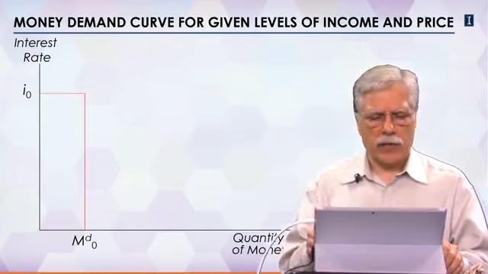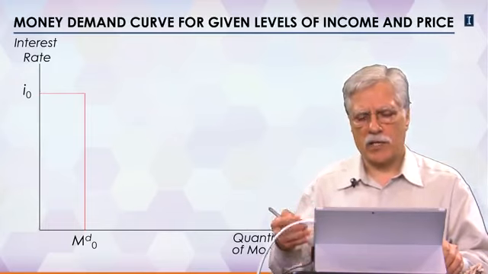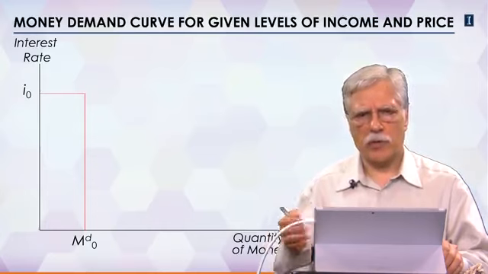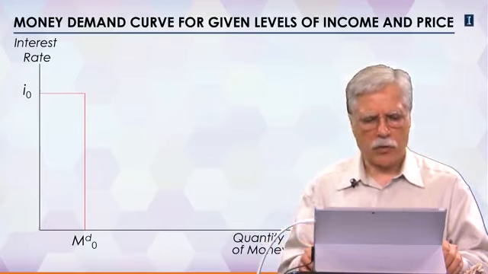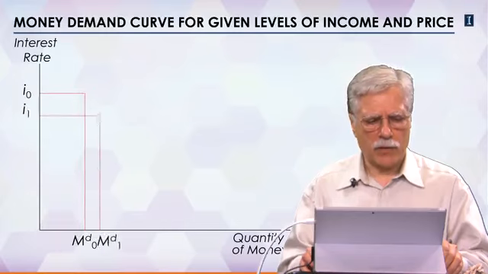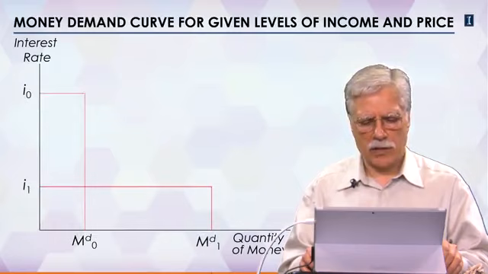If interest rate goes down, it becomes cheaper to hold money, makes transactions easier. You don't have to worry about switching between different accounts, and as a result, people tend to hold more money. So as interest rate goes down, demand for money rises, or quantity of money demanded goes up, and vice versa.